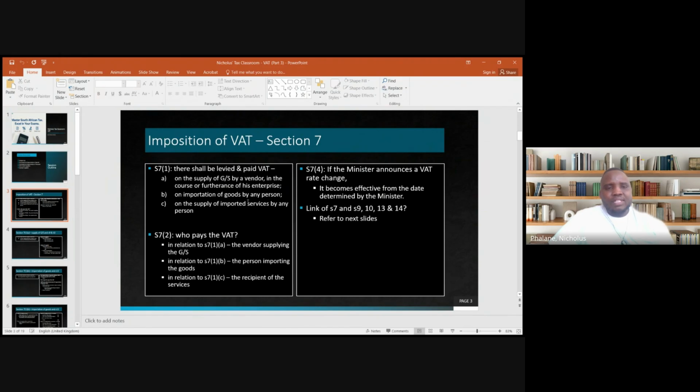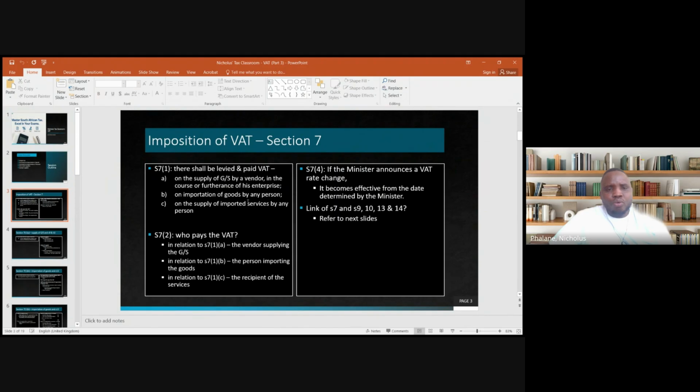So in terms of Section 7(1)(a), the supplier shall levy and pay VAT on the supply of goods or services by them in the course or furtherance of their enterprise. Then Section 7(1)(b) says that there shall be levied and paid VAT on the importation of goods by any person. So any person that imports goods will need to pay tax over to SARS.